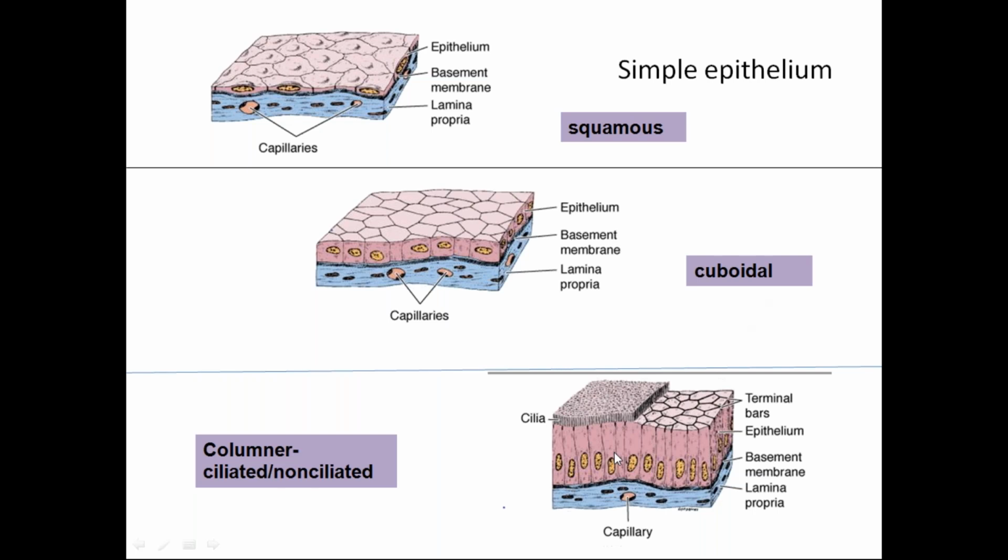This is columnar epithelium. Columnar epithelium may be in the form of ciliated and non-ciliated, and you will get both in the fallopian tube.